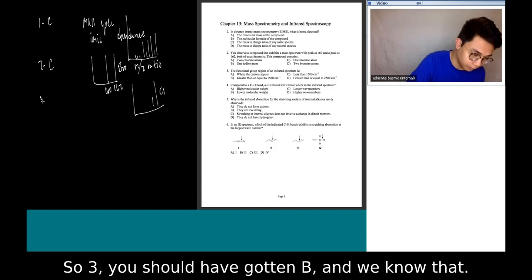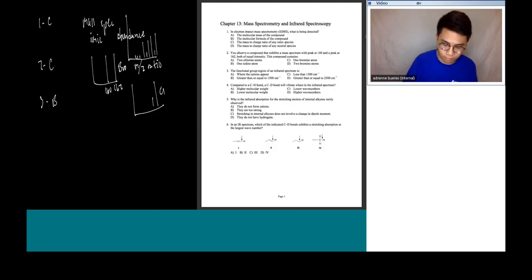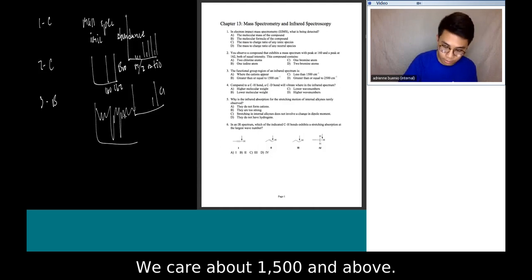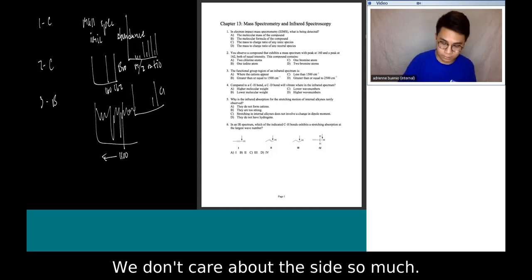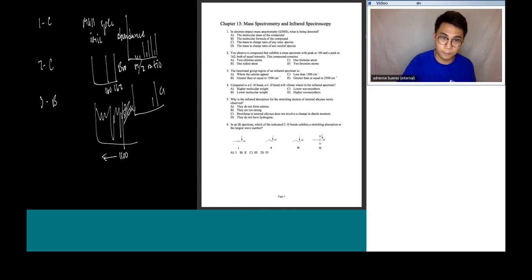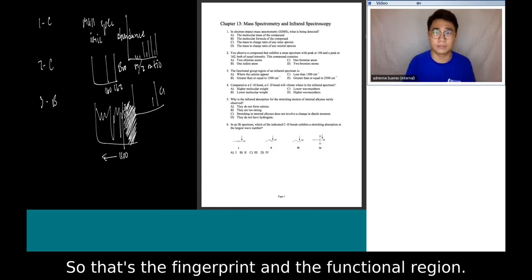So for 3, you should have gotten B, right? We care about 1500 and above. We don't care about this side so much. That's the fingerprint region, and then the functional group region.